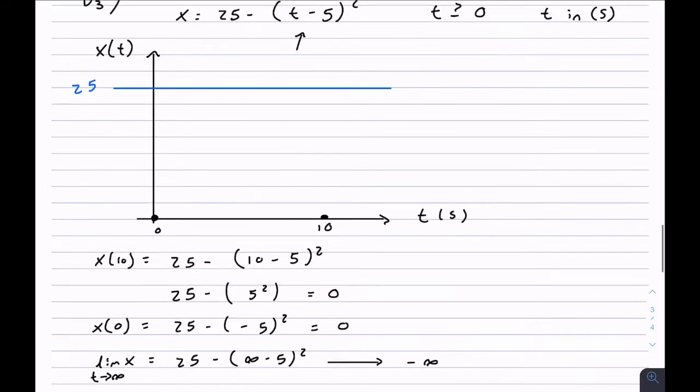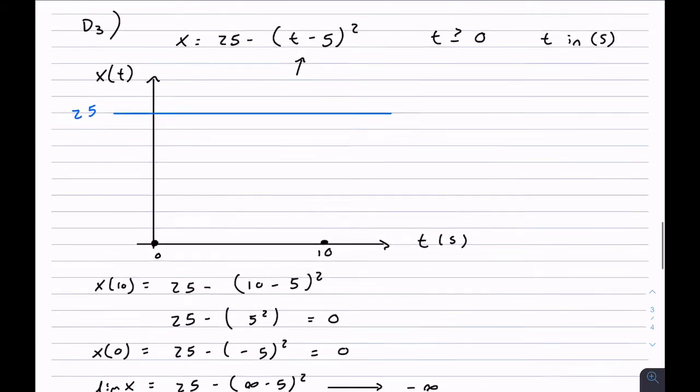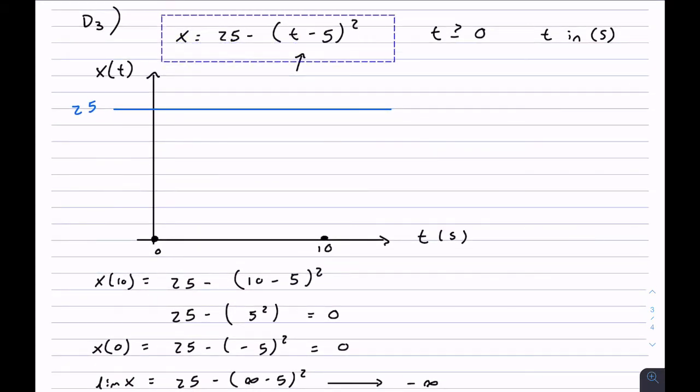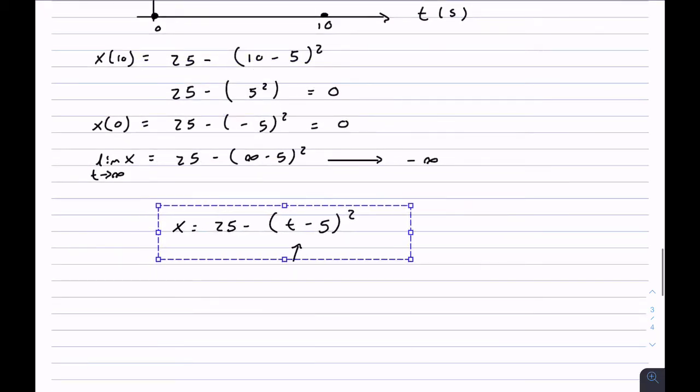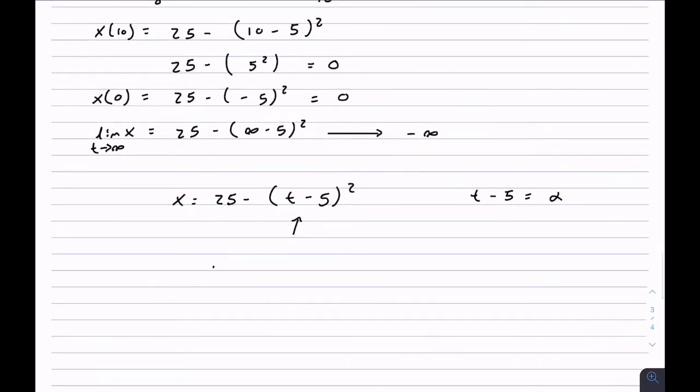So this is what we have so far, and now I want to point out that in x we have this. We can say that t minus 5 is some other variable, right? Let's just redefine it for 1 second. This won't be a lasting thing, but I'd like to just point something out. We'll call it alpha, right? So now we have x is equal to 25 minus alpha squared, okay?